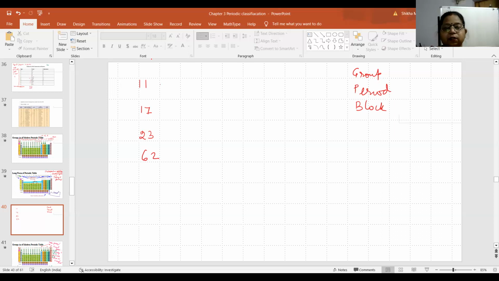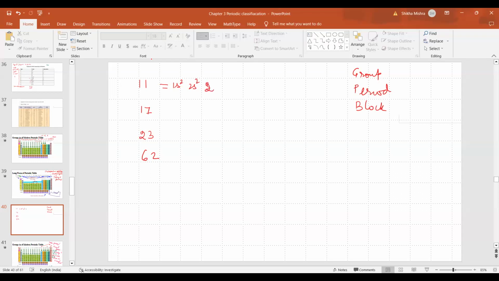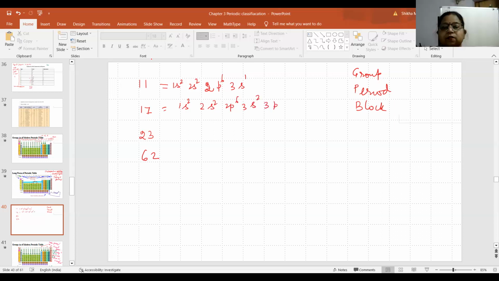Can somebody tell me for 11? Ma'am, 11 is sodium, so it is 1s2, 2s2, 2p6, 3s1. Correct, Priya? 2p6. Yes, ma'am, 2p6 and 3s1. Okay. Now, Ritika, 17 is? Ma'am, it is 1s2, 2s2, 2p6, 3s2, 3p5. Correct.